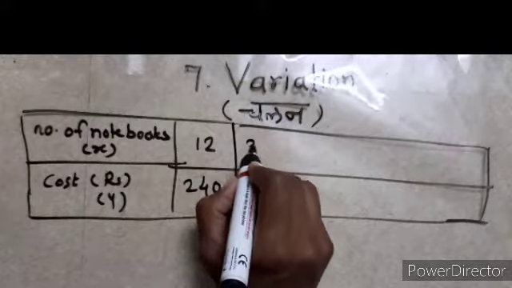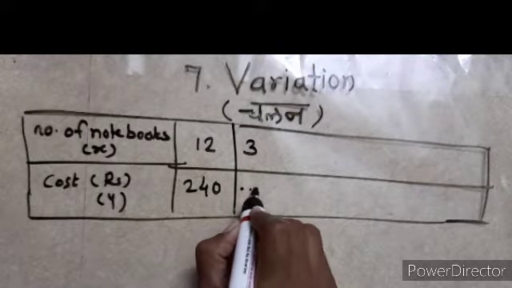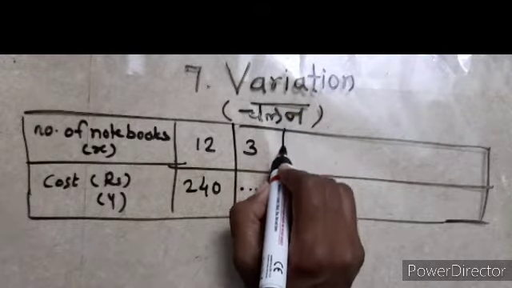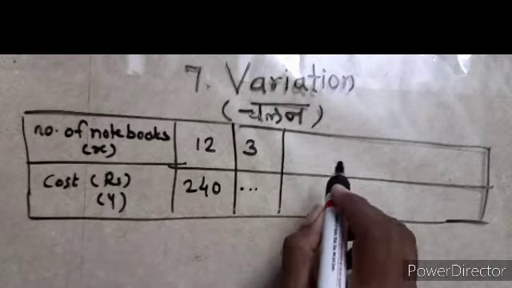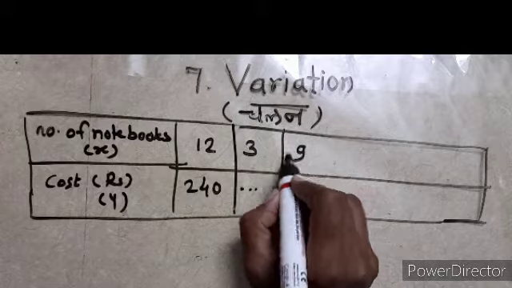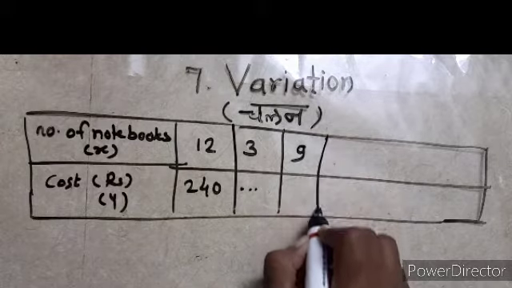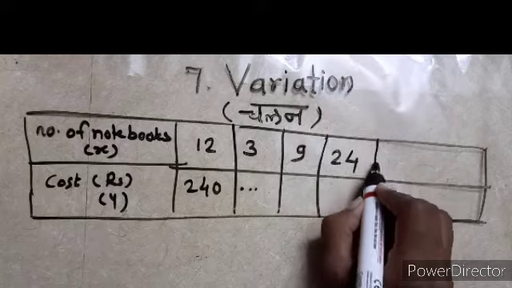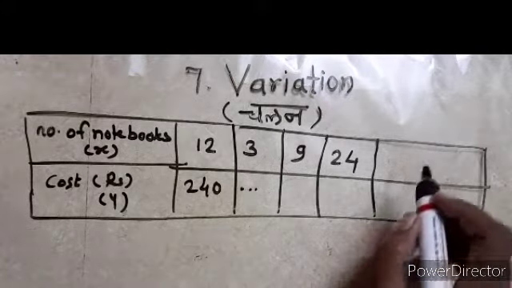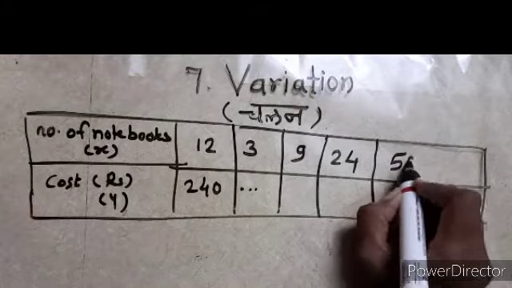In the similar manner, you have to calculate how many rupees you have to pay if you buy only 3 notebooks, for 9 notebooks, for 2 dozen notebooks, that is 24 notebooks, and for 50 notebooks.